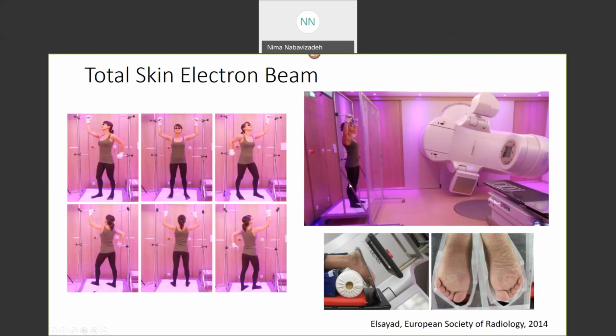Typical areas where we might consider boosts that are shadowed from total skin are the soles, like this patient, perineal regions, and inframammary regions for females. For larger patients, regions underneath the penis might need additional focal boosts of radiation, as well as the vertex scalp. The vertex scalp doesn't get a great dose.